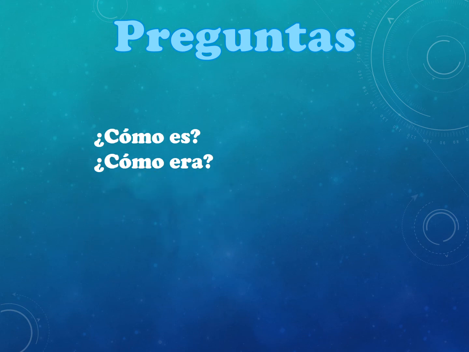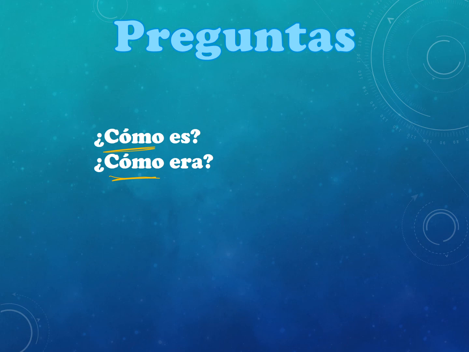Then we have ¿cómo es? and ¿cómo era? Now we have to look at the use of cómo here. Cómo is talking about how. We know that it means how in English, but when you use it with the verb to be, like we're using it in these questions, ¿cómo es? What is it like?